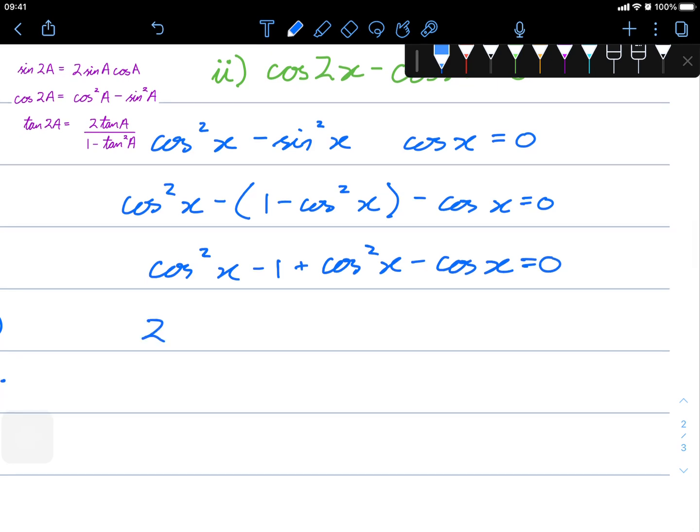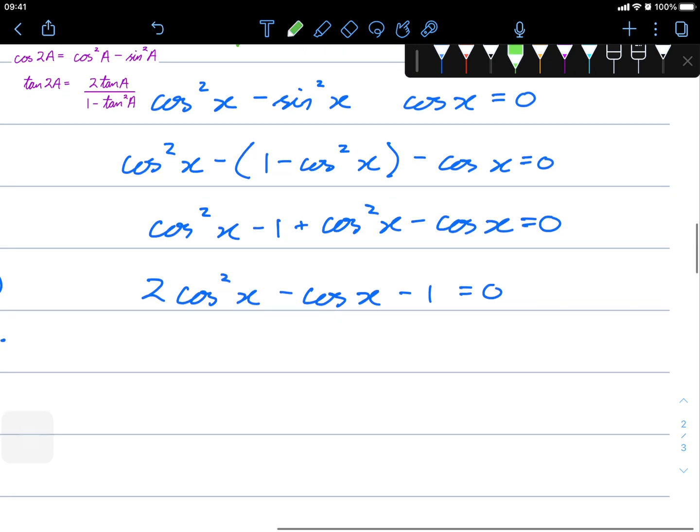We get 2 cos squared x minus cos x minus 1 is equal to 0. Now it may not seem obvious, but you can almost look at this as if it were a quadratic. Take a look. You get 2u squared minus u minus 1 equals 0.